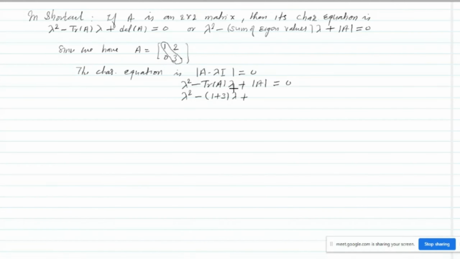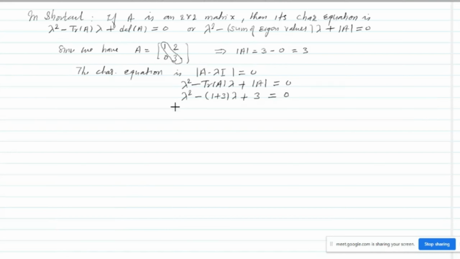Just cross multiply and find the determinant: 3 times 1 is 3, and 2 multiplied by 0 is 0. So determinant of A is 3. Just write down here 3, and this equal to 0.